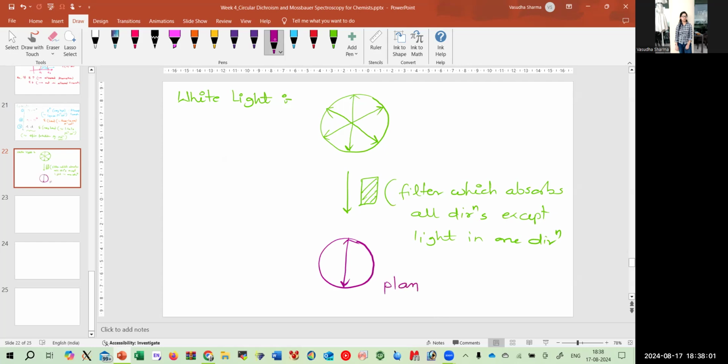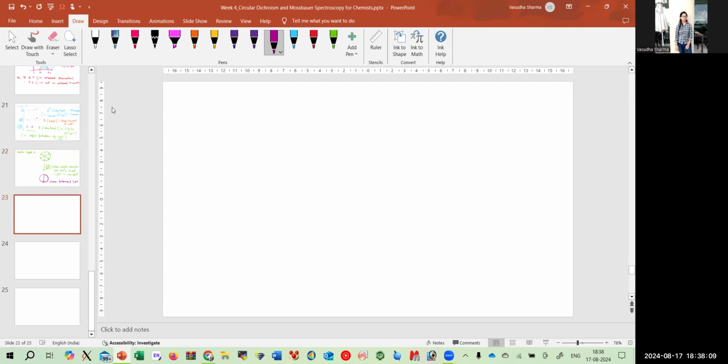This is called plane polarized light. So we know that plane polarized light actually helps in detecting chirality.